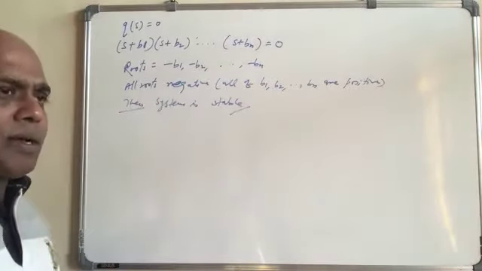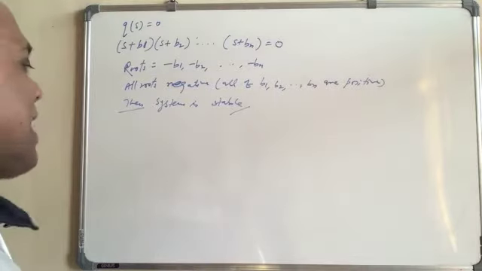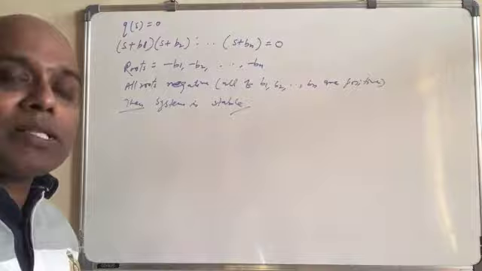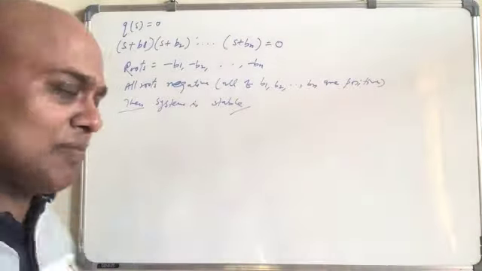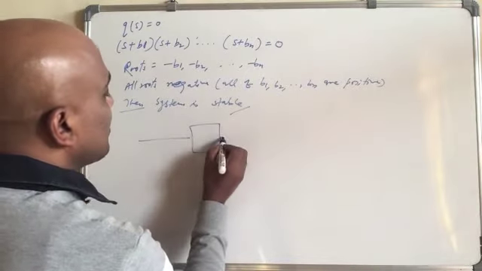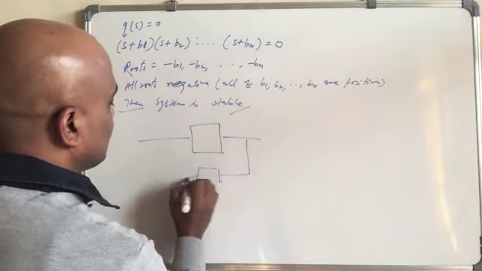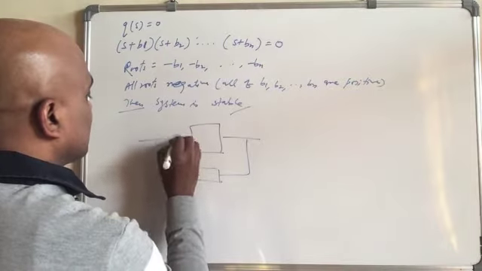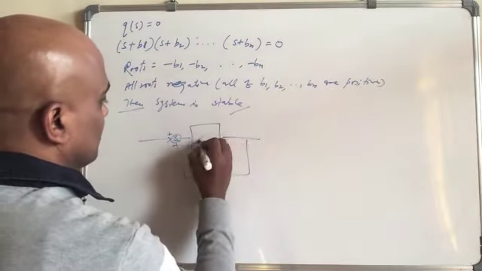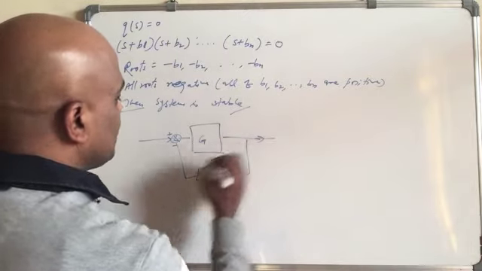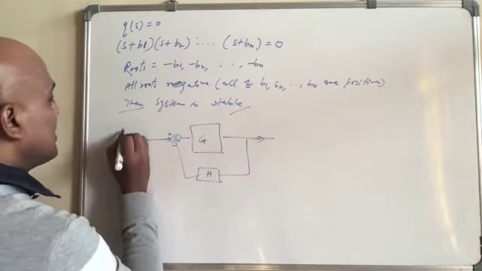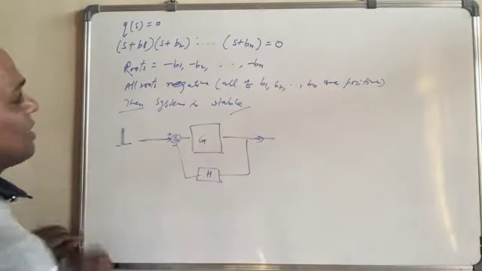System is stable with respect to what? With respect to at least the impulse response, the impulse input. So there is a system, and it's a feedback system. Like this, and what we are going to do is give a unit impulse, just impulse.